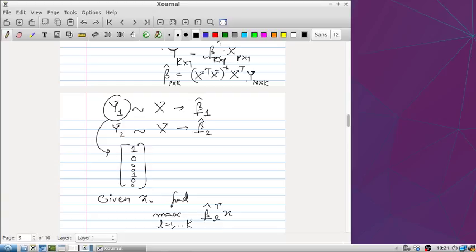You have k such numbers, and to get the class, just find which beta transpose x was the highest, and that index you call the label. Argmax just means the index which maximizes one of these k numbers. So there will be some index, and that will be your class label. That's it. So this is your classification using linear regression.